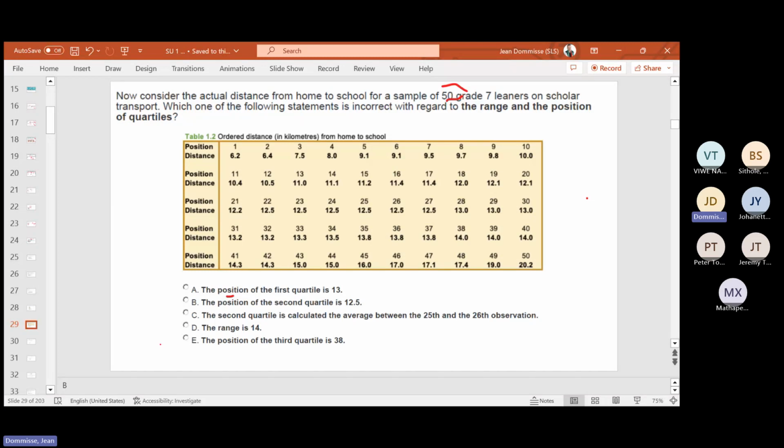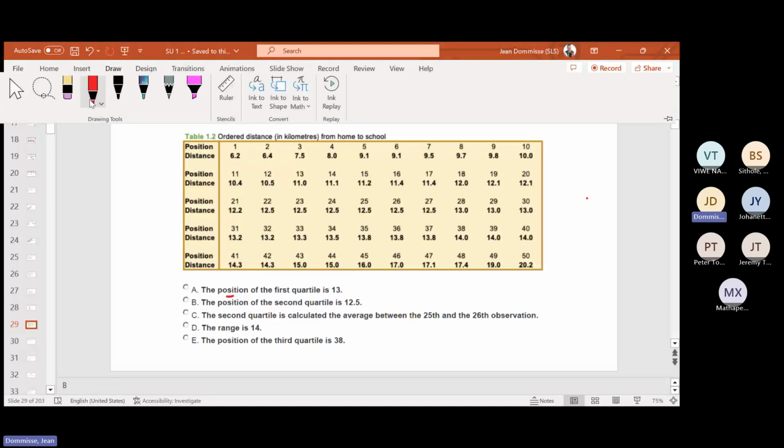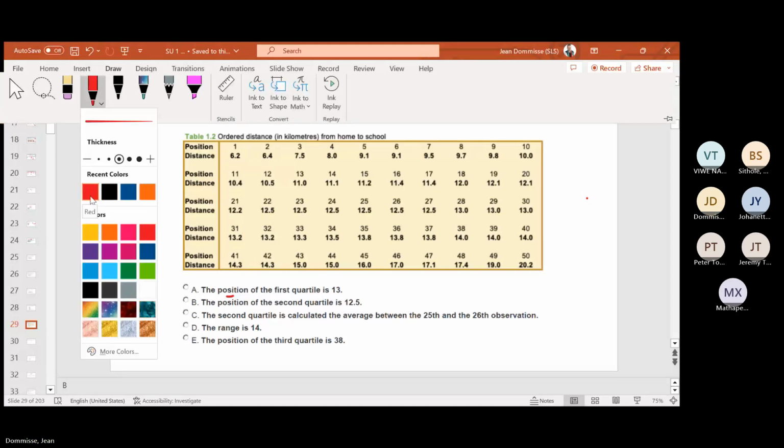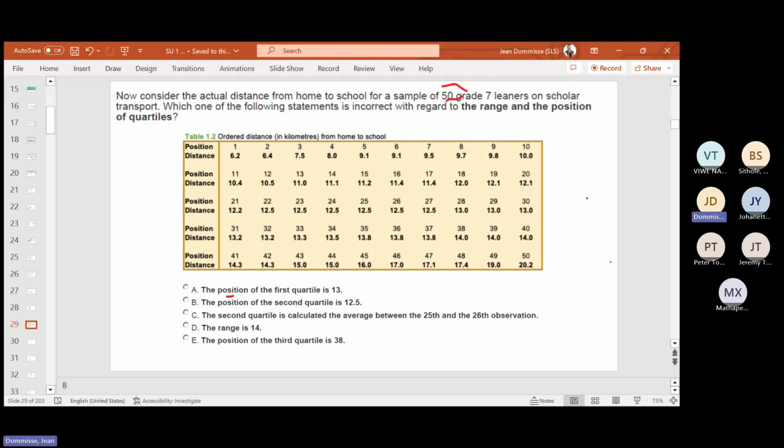Okay, so they ask us questions around the quartiles. So there's the positioning of the quartiles.